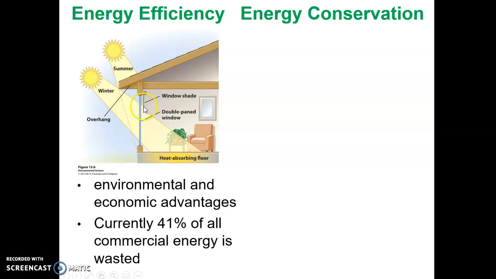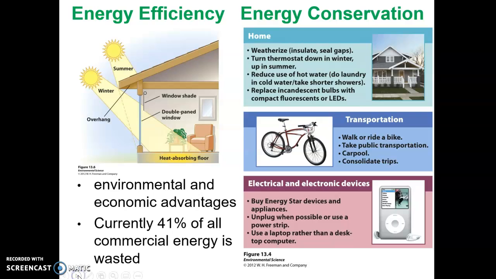And you can even use a window shade simply to extend the blocking of the sun, depending if you were in, say, an in-between season right here. And these have environmental and economic advantages. And money saving is good for both home and business.